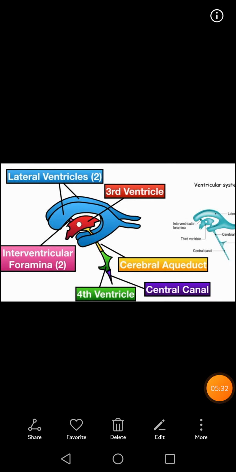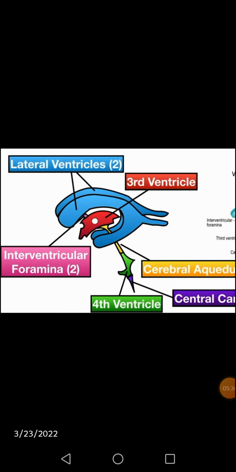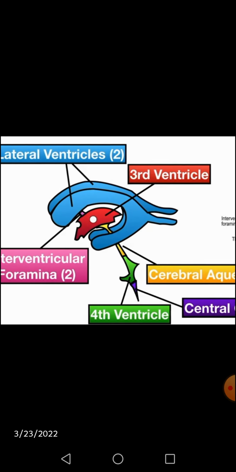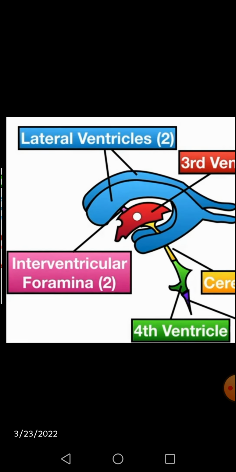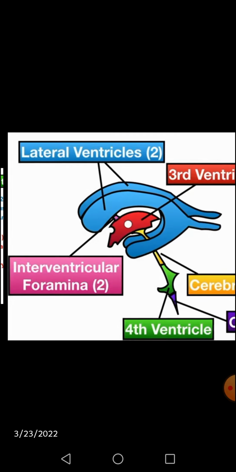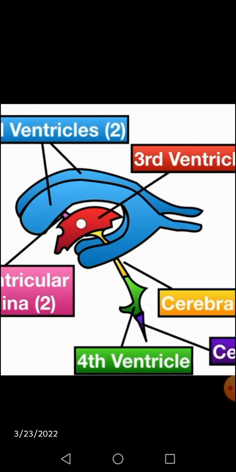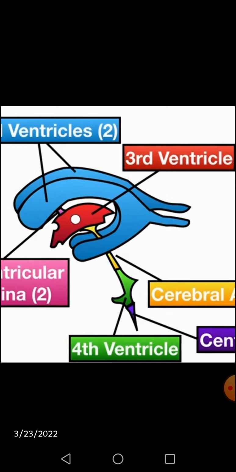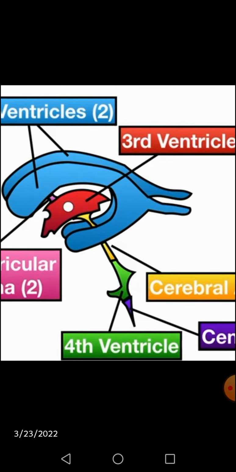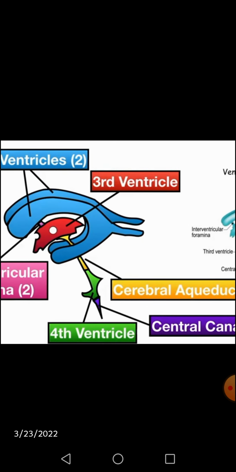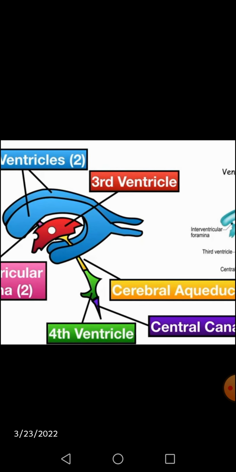Let me sum up again. The two blue colored lateral ventricles communicate with the third ventricle through the interventricular foramen, and the yellow colored cerebral aqueduct enters into the green colored fourth ventricle, which communicates with the central canal that runs through the spinal cord, right?